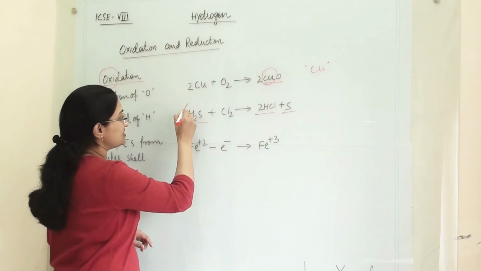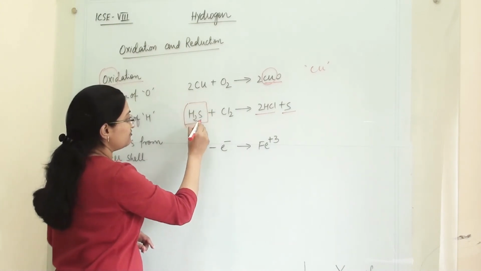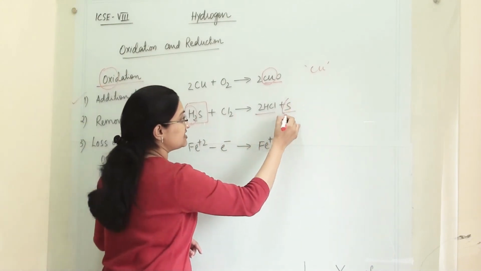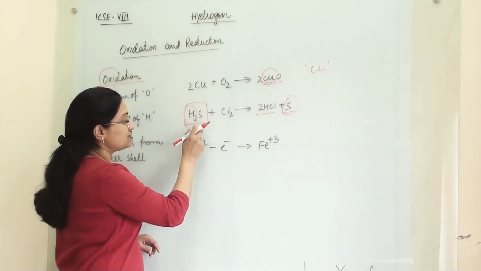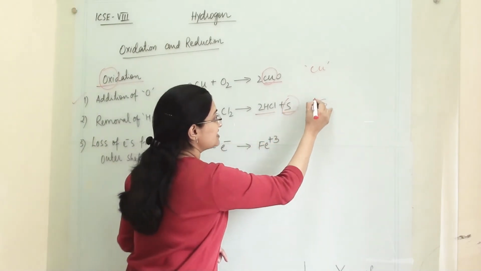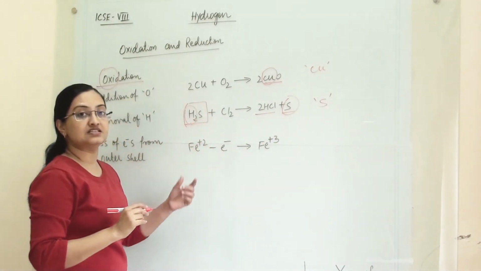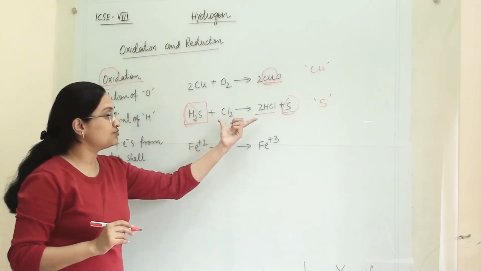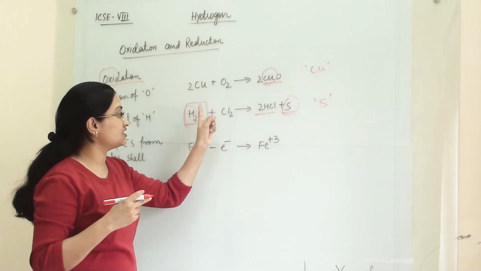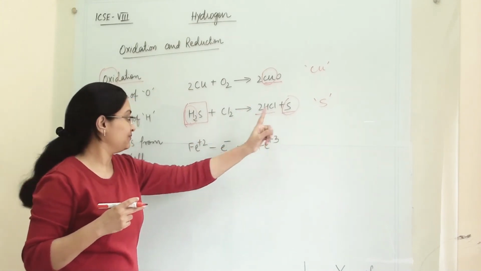Now, if you see this, sulfur was attached with hydrogen and now the sulfur is alone. So we are removing hydrogen from the hydrogen sulfide molecule. Sulfur is being oxidized in this reaction, and hydrogen removal is happening here. That's why this reaction is an oxidation reaction.